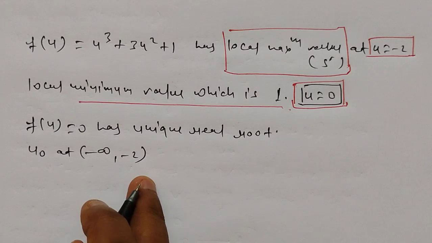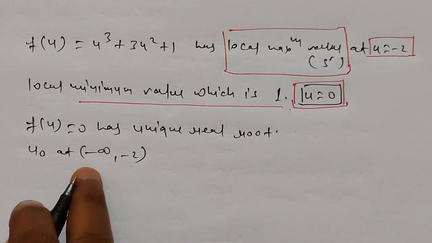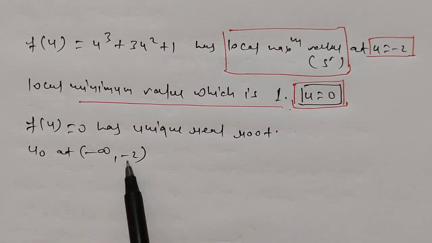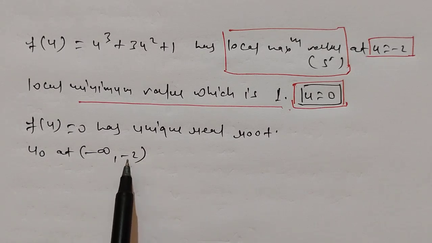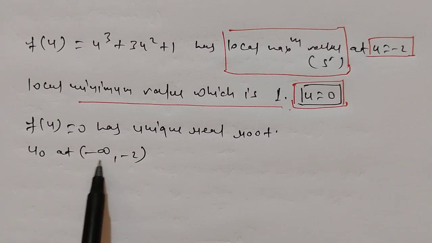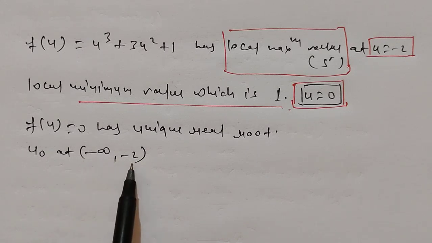This will be an open interval because we cannot use the value -2 exactly, so the value must be slightly less than -2. So we can write this in the form of the open interval -infinity to -2.